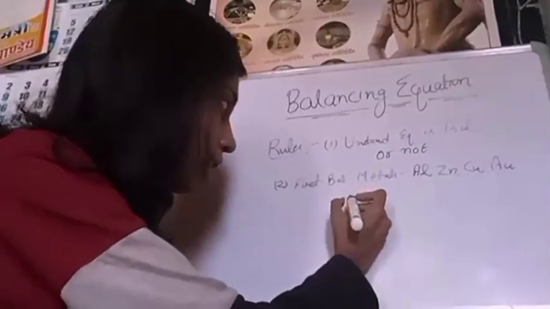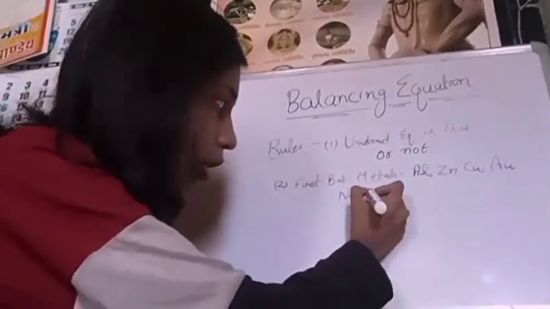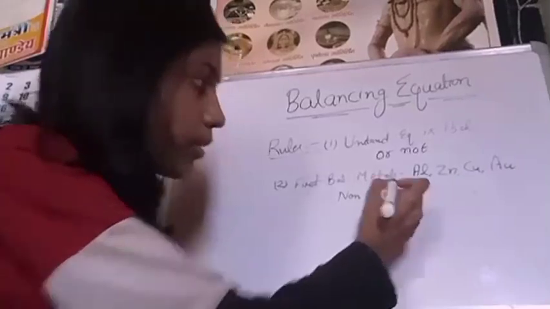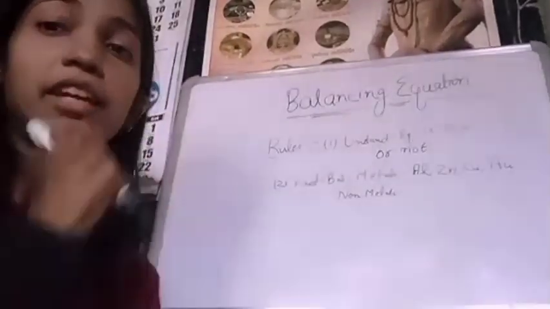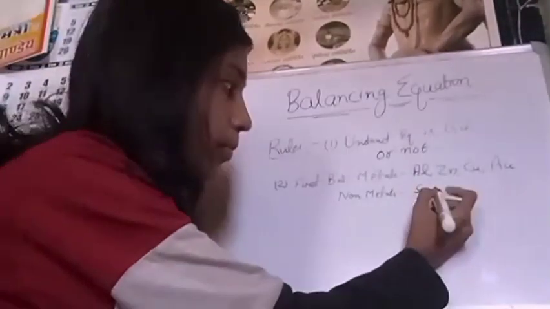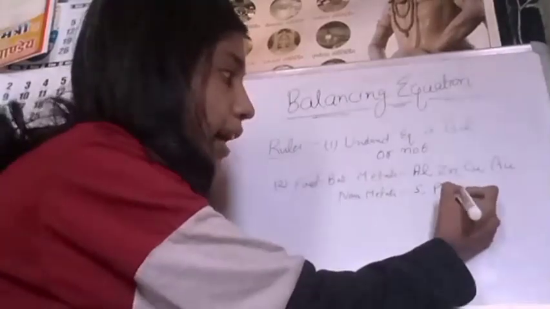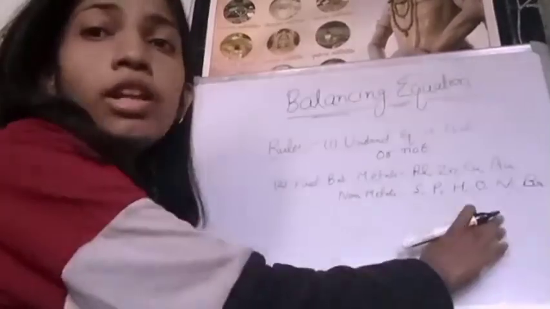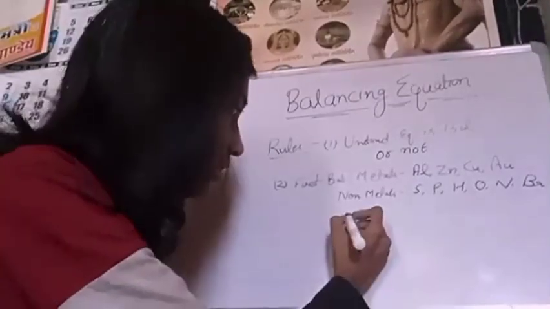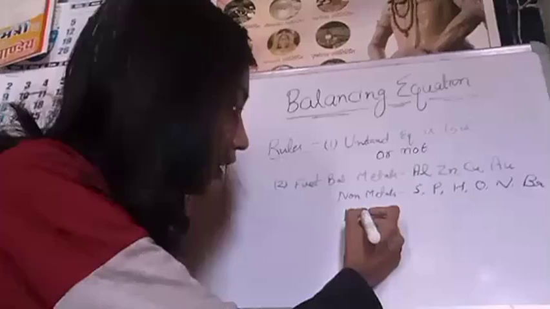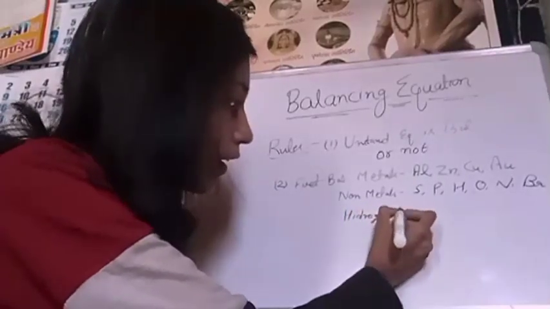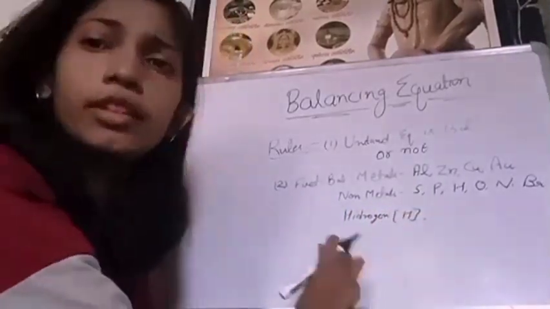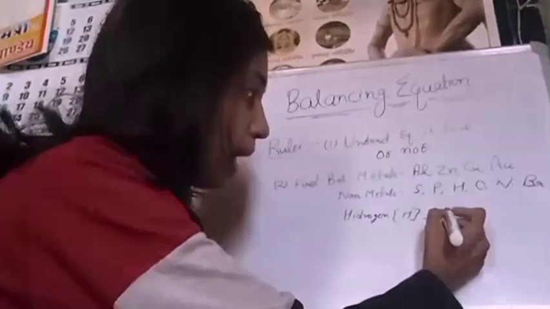Then next balance non-metals, like sulfur, phosphorus, hydrogen, oxygen, nitrogen, bromine. These are all non-metals. And then balance hydrogen. This is also a non-metal. And then balance oxygen.